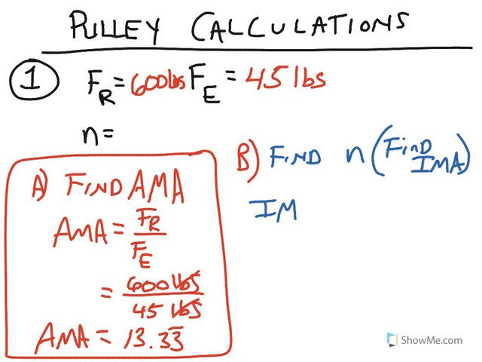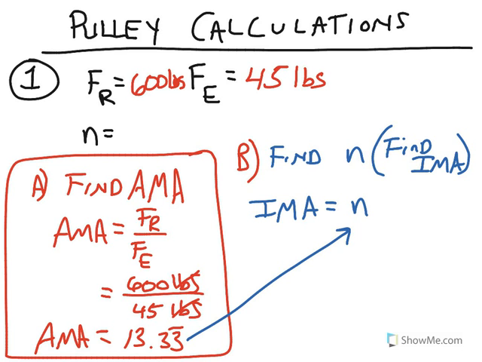So IMA equals number of strands. We don't know how many strands there are, but we do know that the actual mechanical advantage is 13.33. What's the minimum number of complete strands you would need to overcome that 13.33?